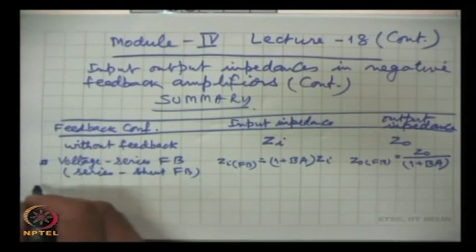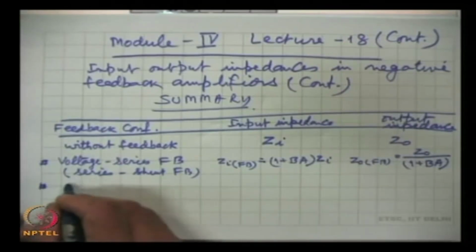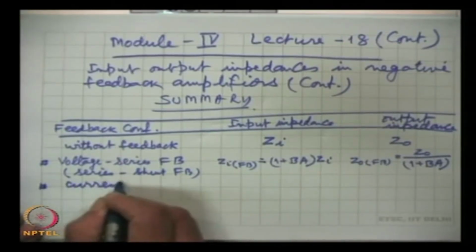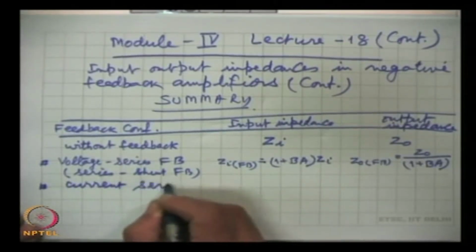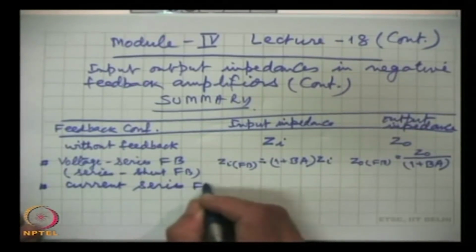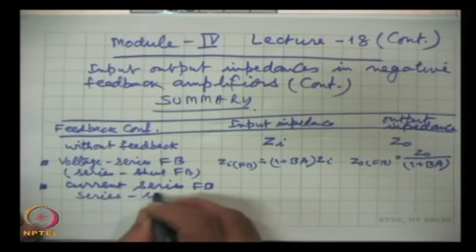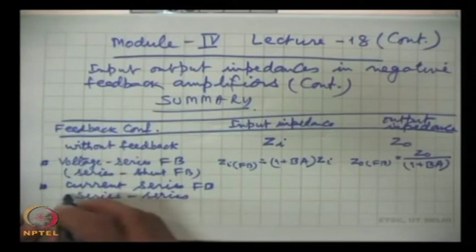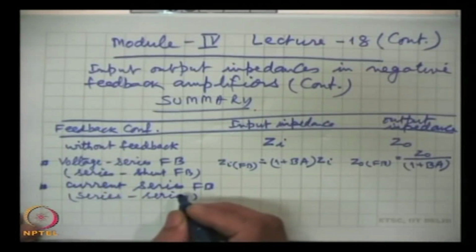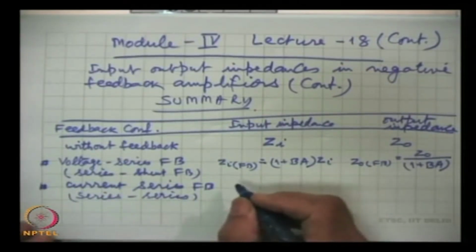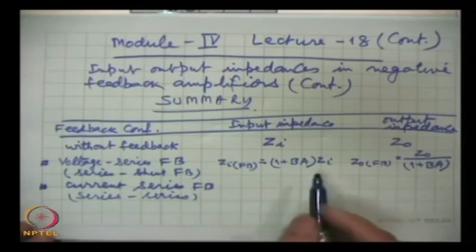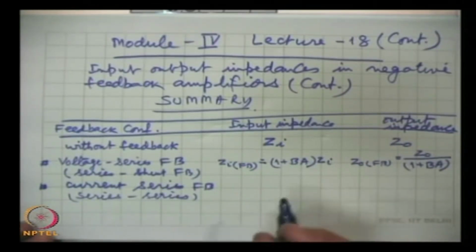Now, in the current series feedback, which is also known as series series feedback, the input impedance and output impedance both are increased by feedback.